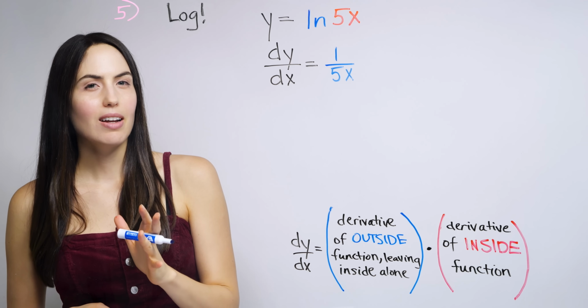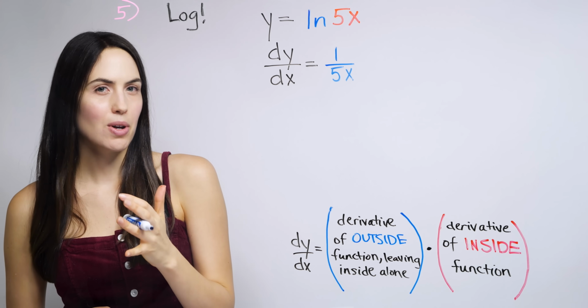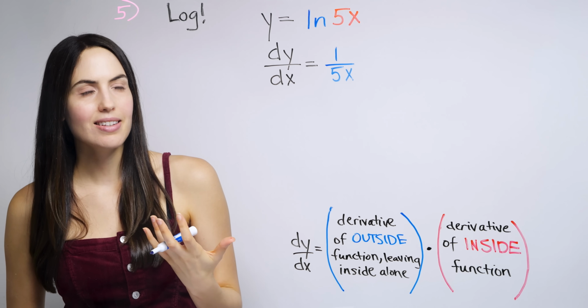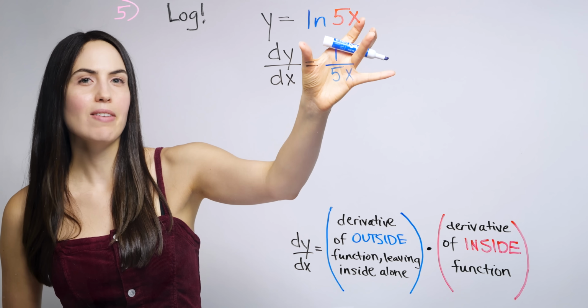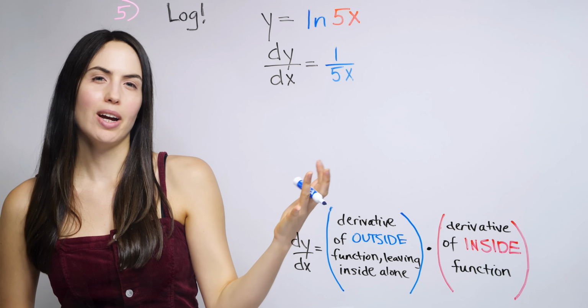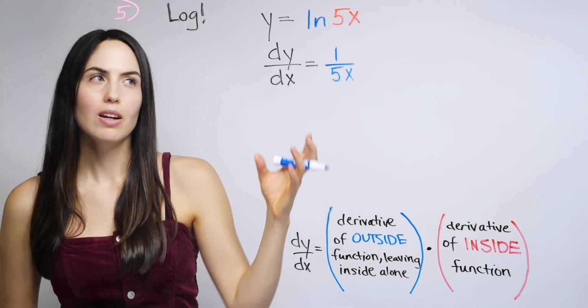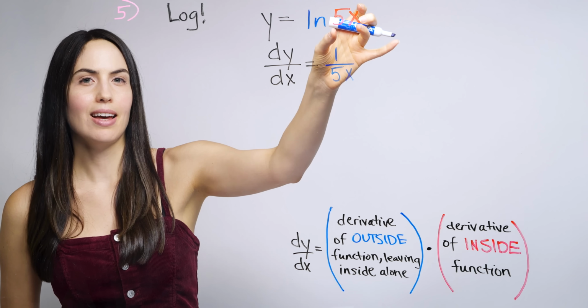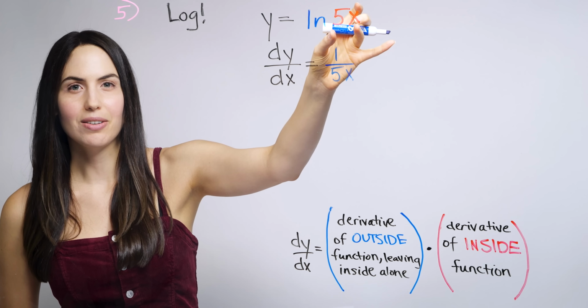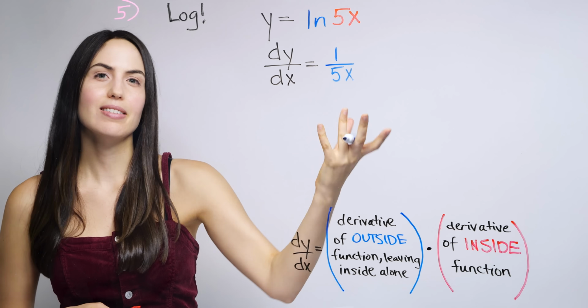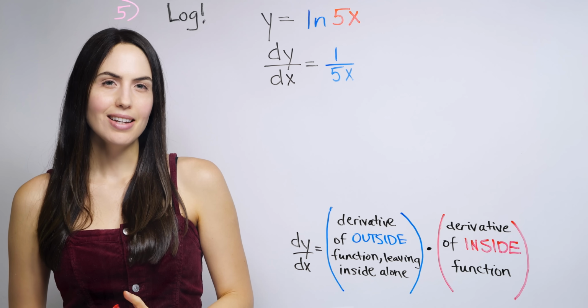You might be thinking about ln x and how you know its derivative is 1 over x. But here, ln 5x, because of the chain rule, we write not 1 over x, but 1 over the whole inside you actually see here, 5x, 1 over 5x. We're not done.